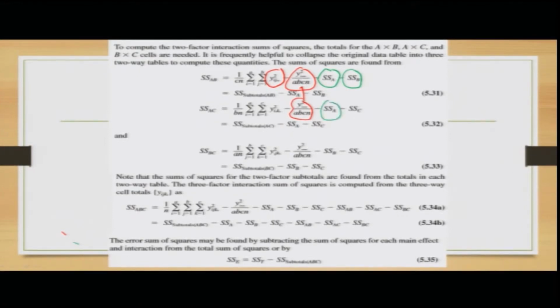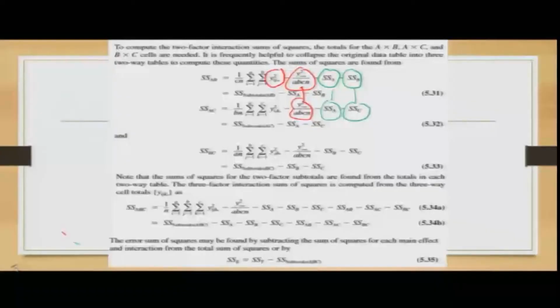So, SSA remains same, SSB is replaced by SSC, and in the extreme left, the term onto the right hand side of the equality would be, let me continue the highlighted one.